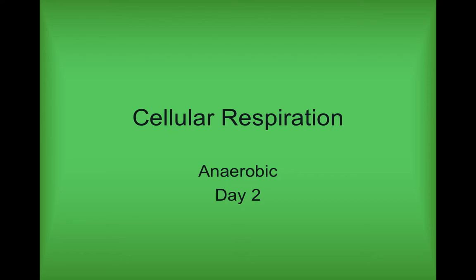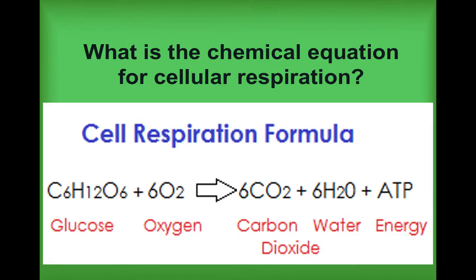I do like to switch up because there are two different ways of making ATP, and I like to do one on one day and one on the next day. First things first, let's just know the chemical equation for cellular respiration. Cellular respiration is effectively the opposite of photosynthesis.